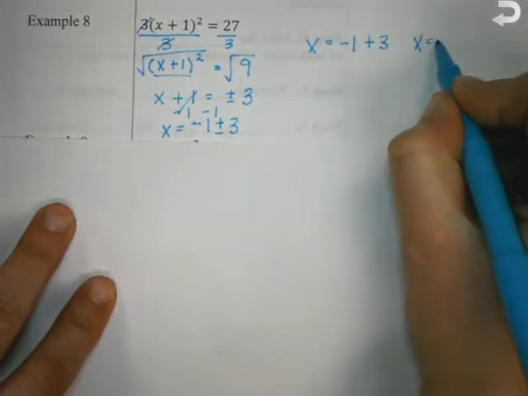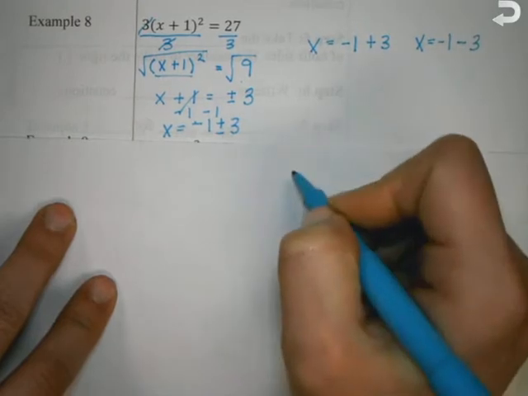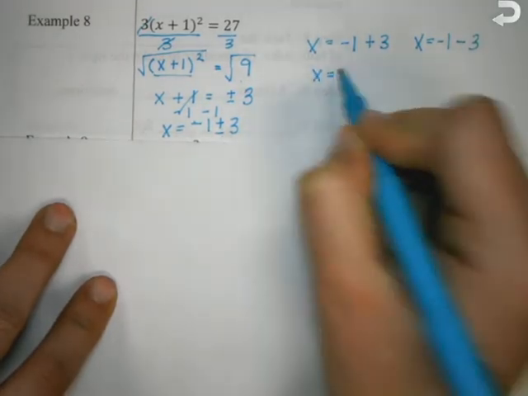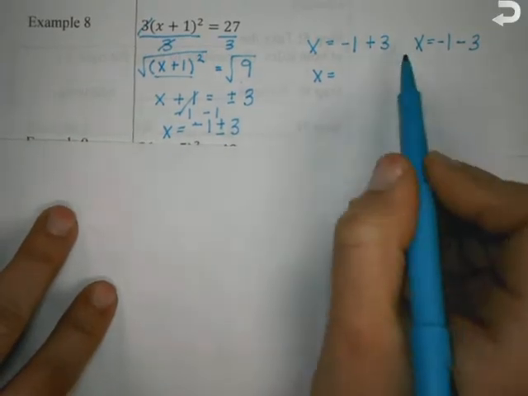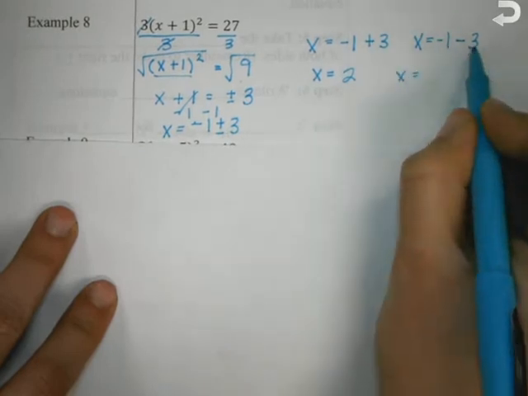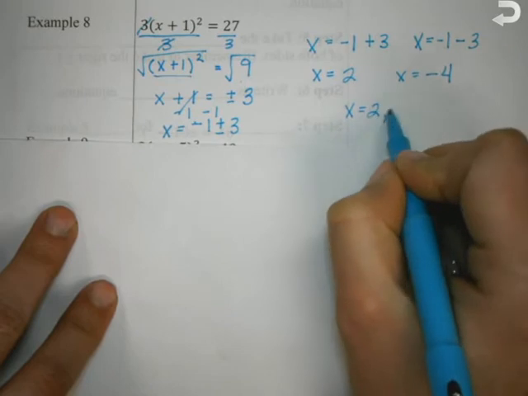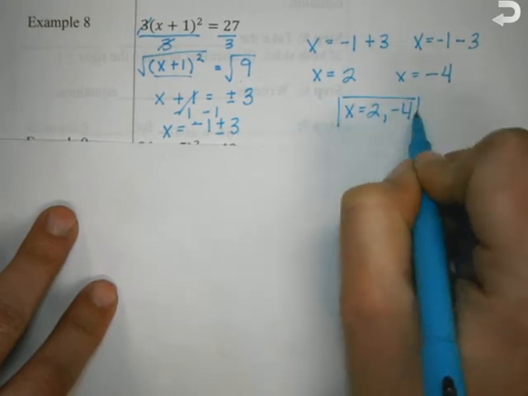So x equals negative 1 plus 3, 2. And x equals negative 1 minus 3, negative 4. So we have 2 and negative 4 as our answers. It does not matter the order.